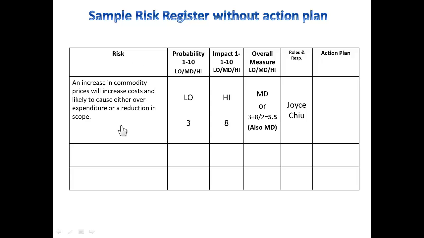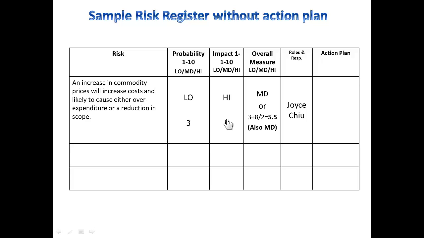There are columns in the matrix. First is a description of the risk, and I've put the risk that I mentioned earlier about commodity prices increasing and causing over expenditure or reduction in scope. And look at the two dimensions related to probability, how likely is it to happen, and impact. What would be the damage done if it did happen?